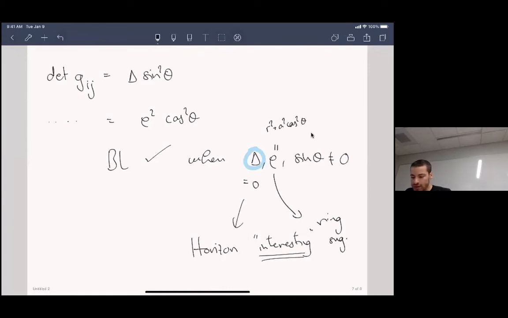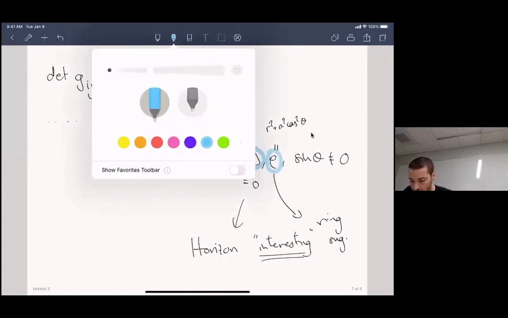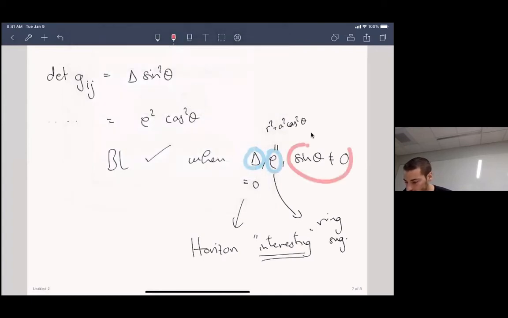So when this is 0, it's interesting. When this is 0, it's interesting. But when this is 0, it's just a coordinate singularity. You can already see that the interesting failures of your coordinates, you can track where they're happening.